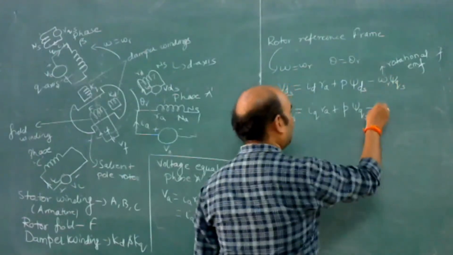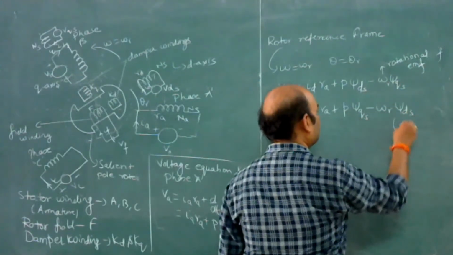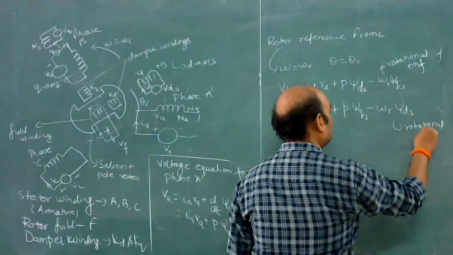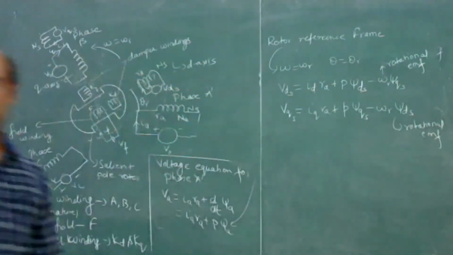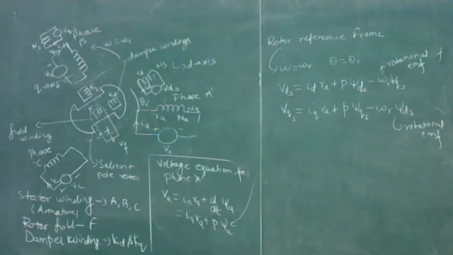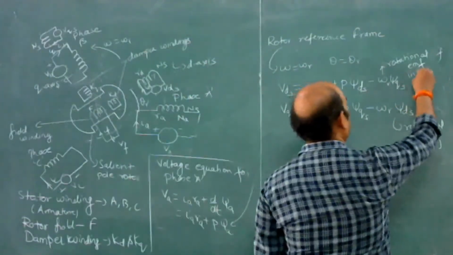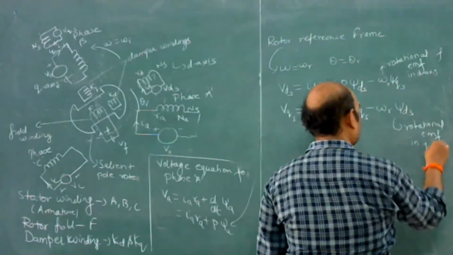So omega is omega r into psi D. So this is also rotational EMF. Okay, so rotational EMF in D axis, and this is in Q axis.